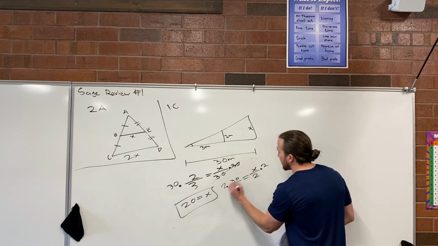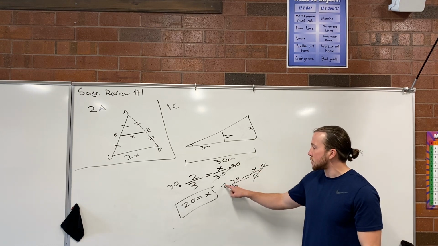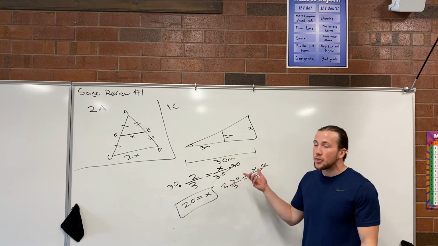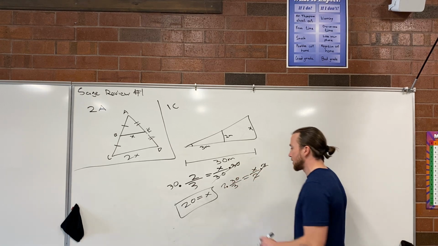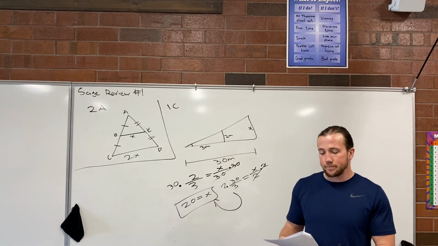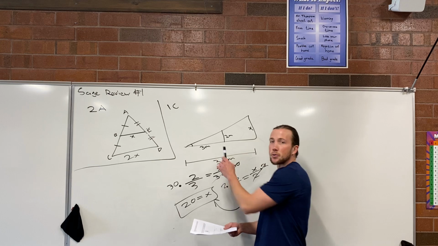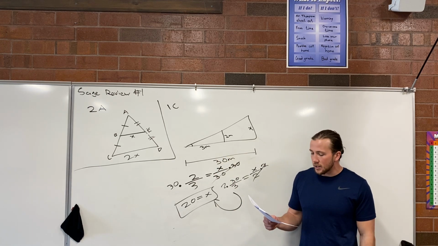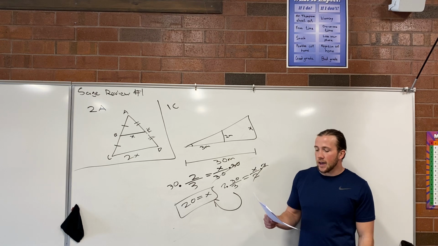Multiply by 2, cancels here, and again, I'm doing 30 times 2. You can use your calculator if you want. 30 times 2 is 60. 60 divided by 3 is 20. It works either way, you guys. Okay, so we end up still with this answer of x equals 20. So that's a good one. This kind of stuff is pretty applicable. You're going to see this kind of stuff later on in your math classes, so that's good that we have a chance to cover it again.